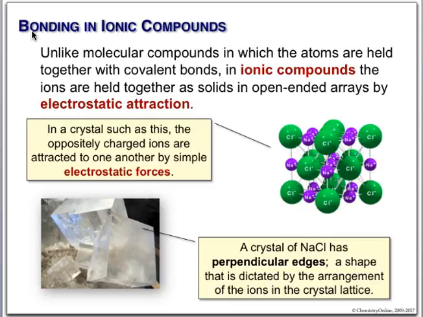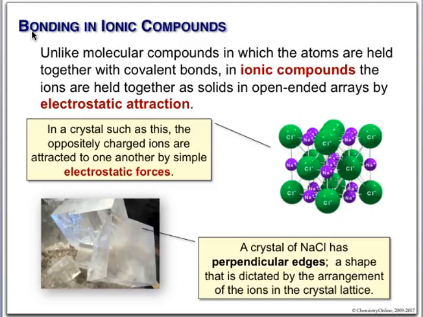You look at table salt under a microscope. They're all little tiny cubes. That's because the simplest way to pack these anions and cations together generates this cubic structure, perpendicular edges.